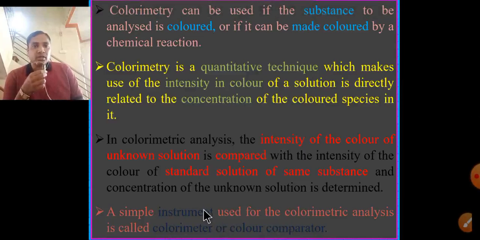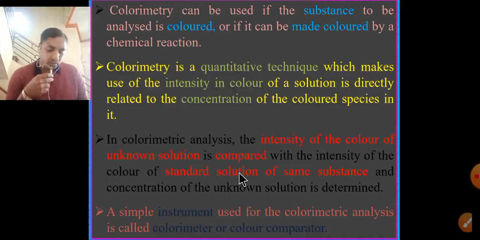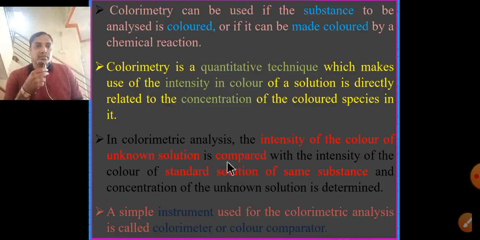In colorimetry, this is visualized by two methods, ultraviolet and visible range. The range of wavelength is ultraviolet 185 to 400 nanometer, visible range is 400 to 760 nanometer, and infrared is 0.76 to 15 micrometer.